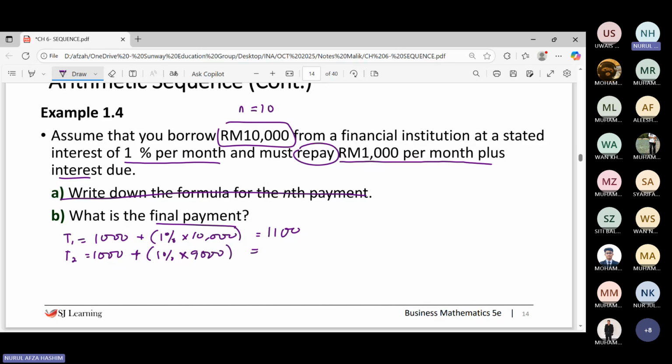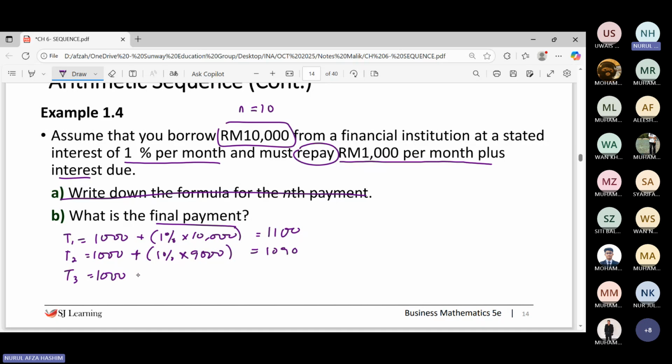So, bulan kedua you bayar berapa? Berapa? RM1,090 kan? Okay.